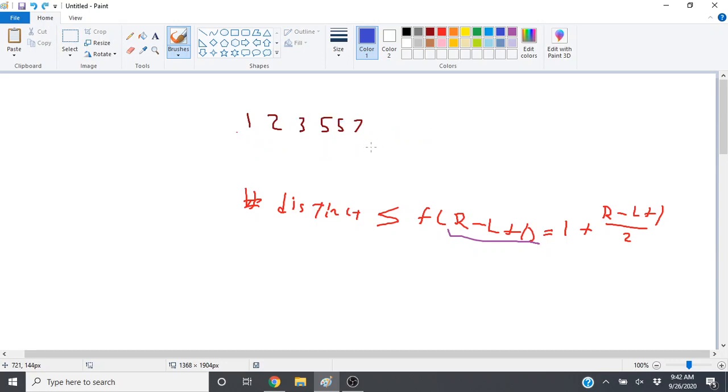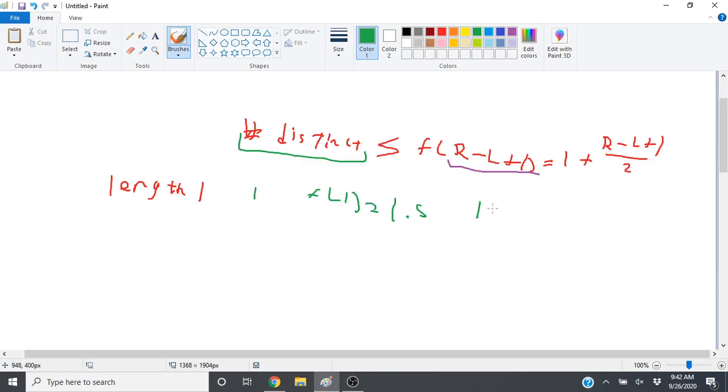Okay, let's analyze the definition of good. Which subarrays can be good? Let's say, for example, length 1, small lengths. Well, there can only be one distinct element. However, f of 1 is equal to 1 plus 1/2, which is 1.5.